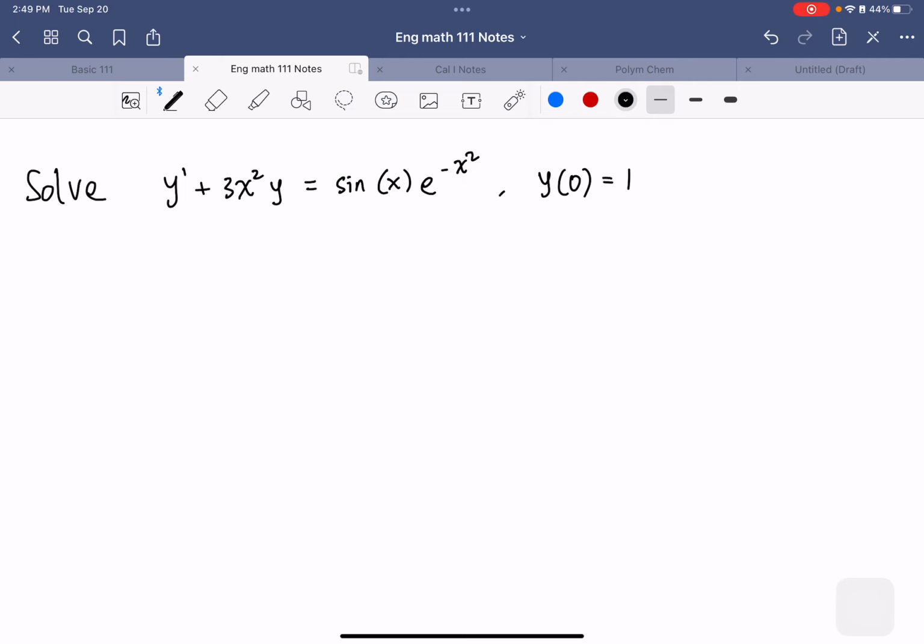First, we can match the standard, and then using the integrating factor.